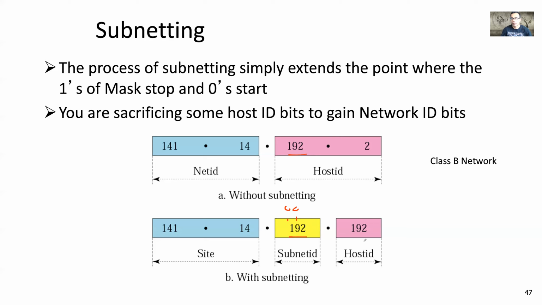And each of them could then use these 8 bits to assign IP addresses to different devices. So what you have done is created 2 to the power 8 subnets, each of which has 2 to the power 8 IPs, right? Essentially you're using some part of the original host ID to create this subnetting, right?